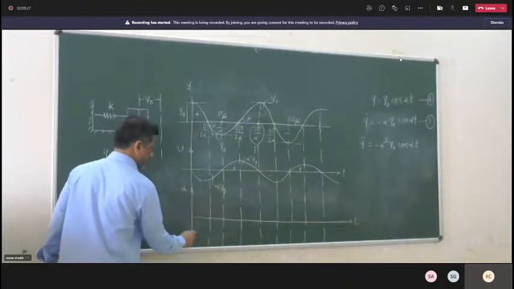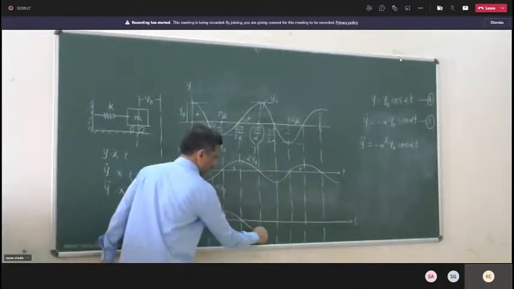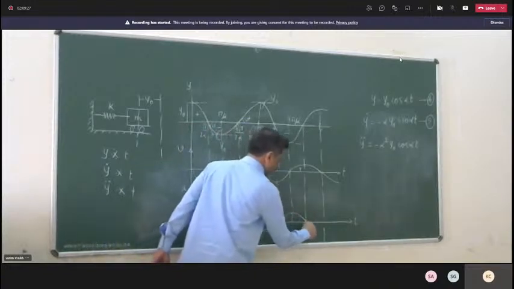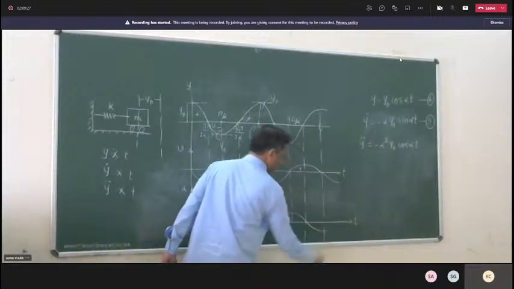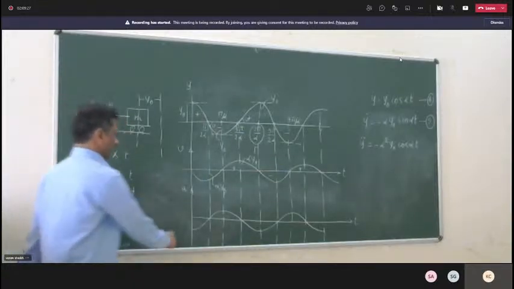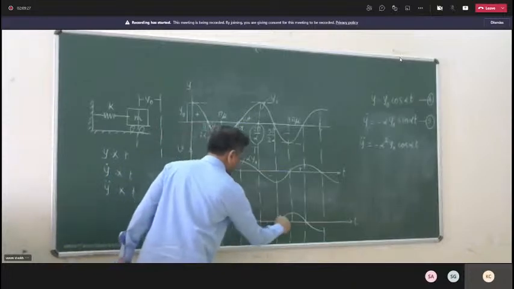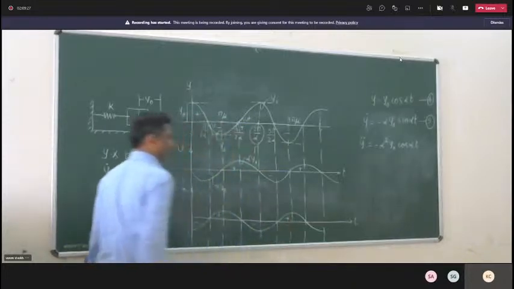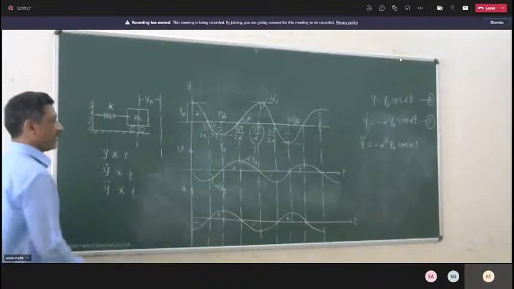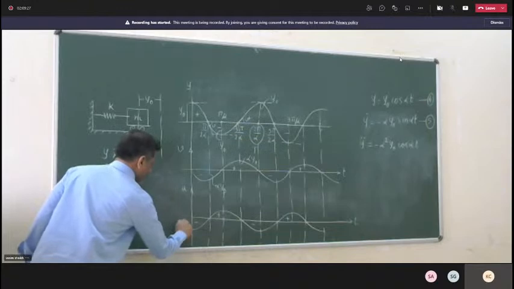Acceleration versus time graph. Minus plus minus plus. At t equal to 0, acceleration is minus alpha square y0.